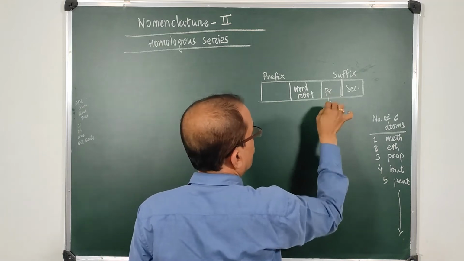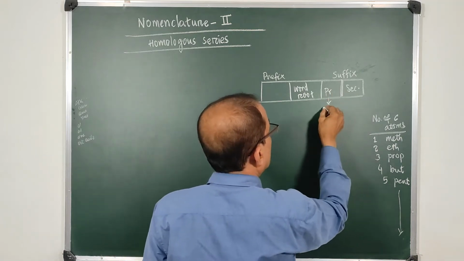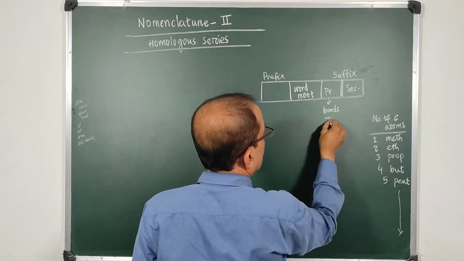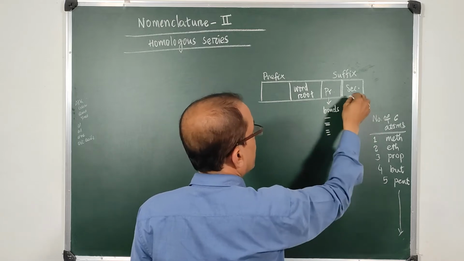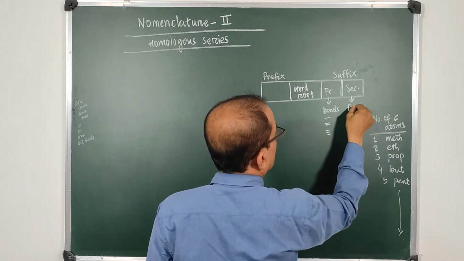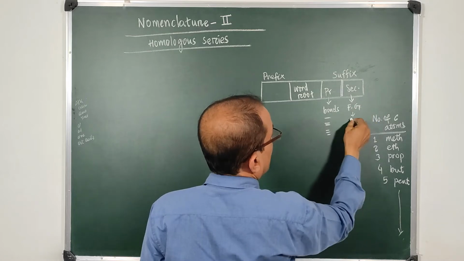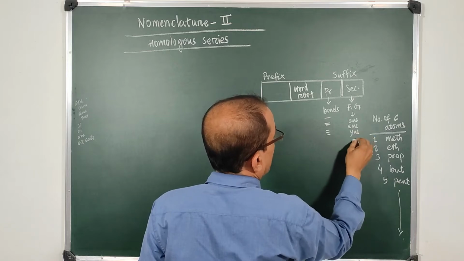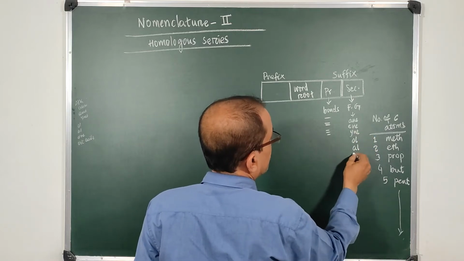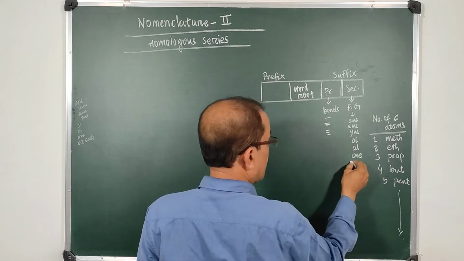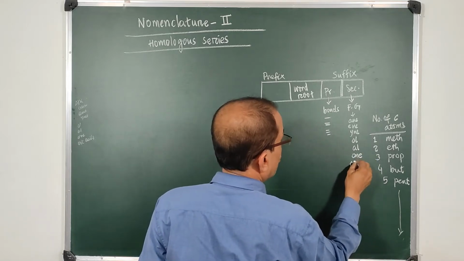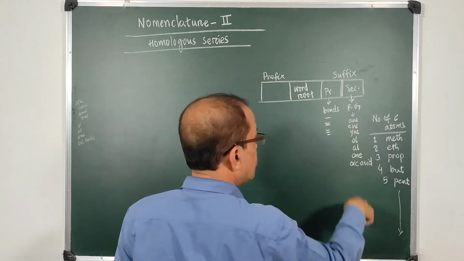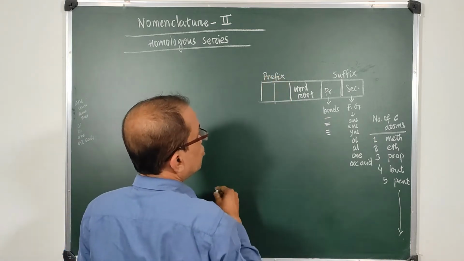Primary suffix contains the things about the double bonds, whether it is a single bond, double bond, or triple bond, while the secondary suffix talks about functional group, which may be an alkane, alkene, alkyne, alcohol, aldehyde, ketone, carboxylic acid, which is called alkanoic acid, so oic acid, and so on. So the prefix part is also divided into two parts.